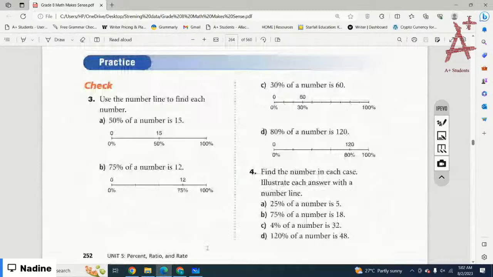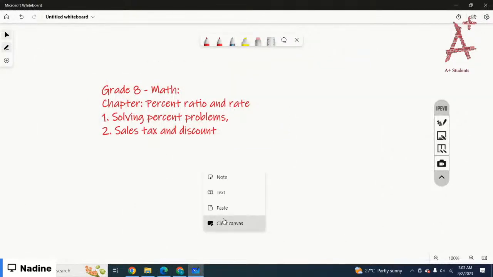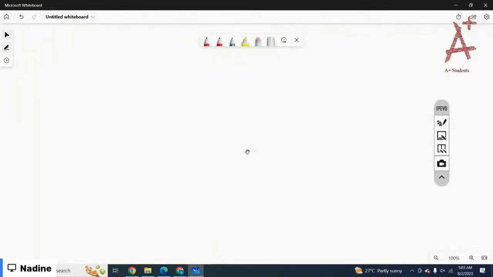The first one is 50% of a number is 15. You have to find the total number, right? Hold on, let me just write it down on the board. 50% of a number is 15.